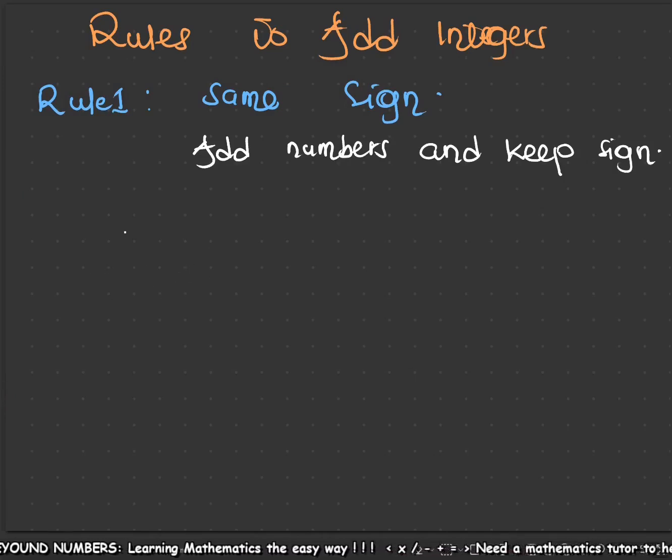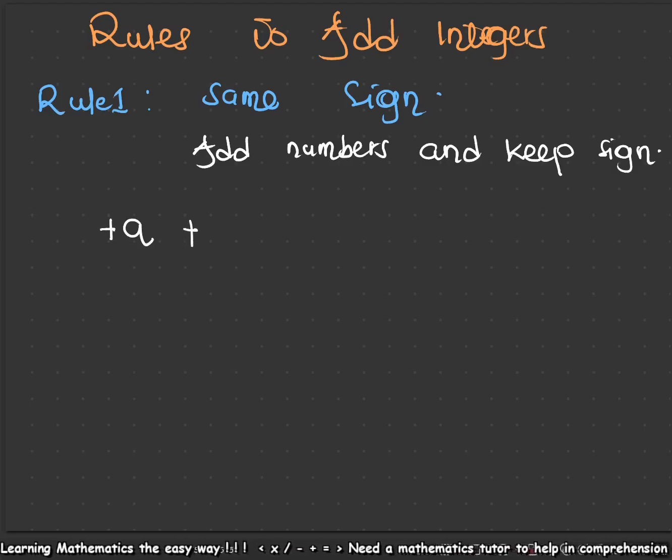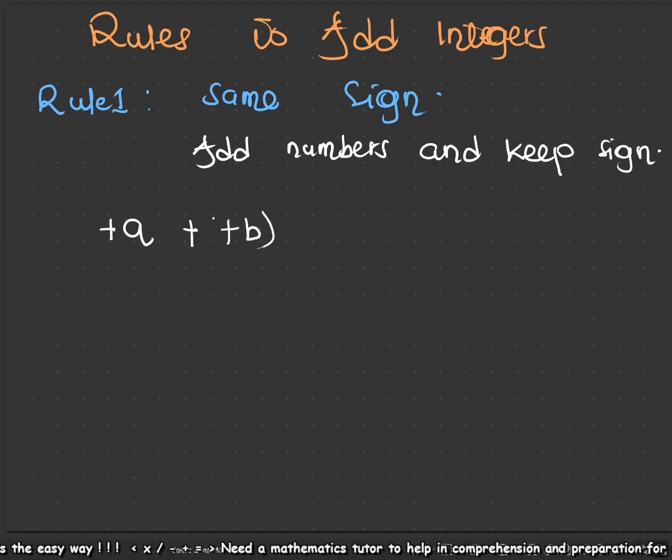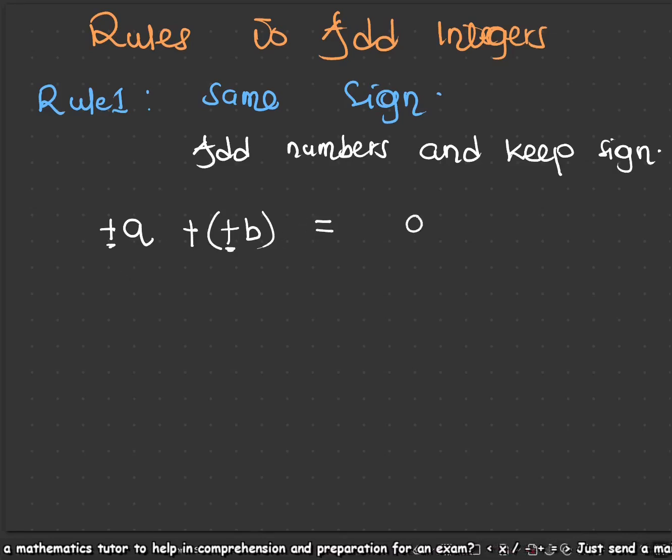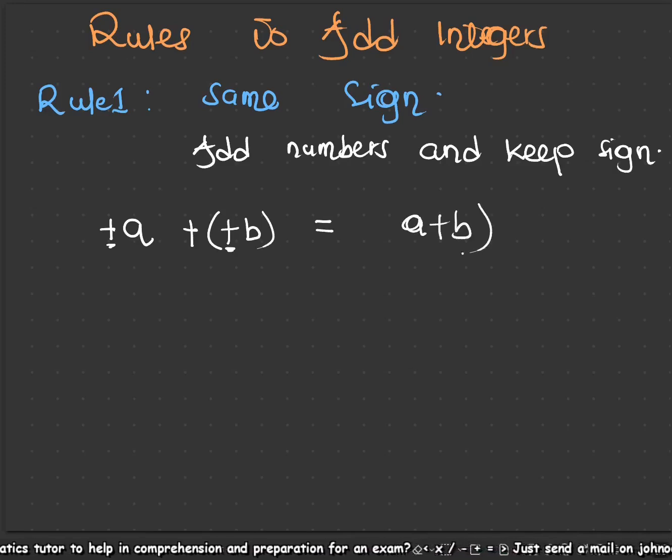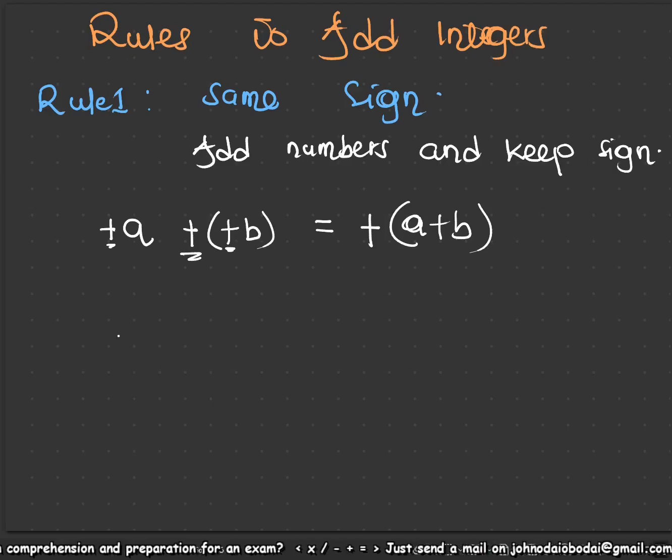Let's say you have a positive A and you are adding it to a positive B. As you can see, the signs are the same. They are both positive numbers. So all you want to do is add A to B and then keep the sign.